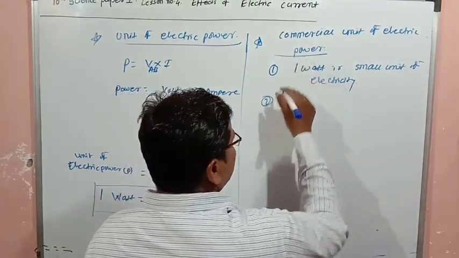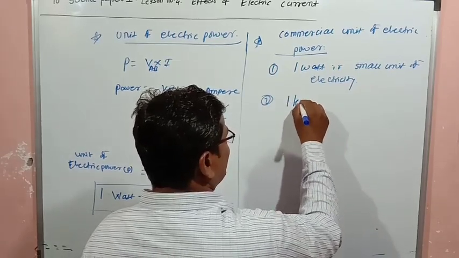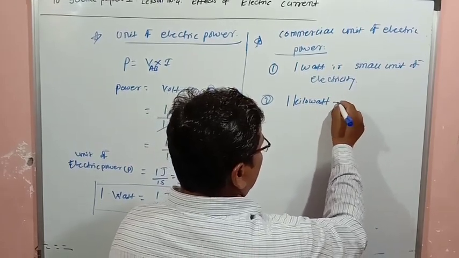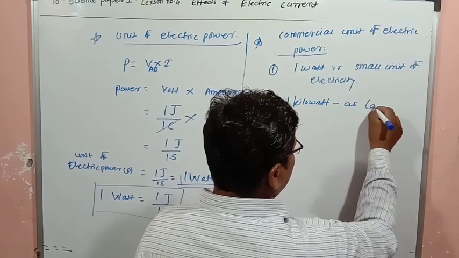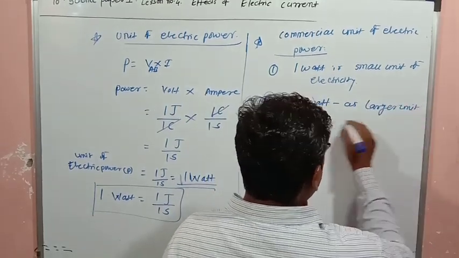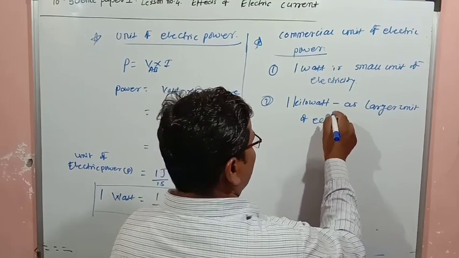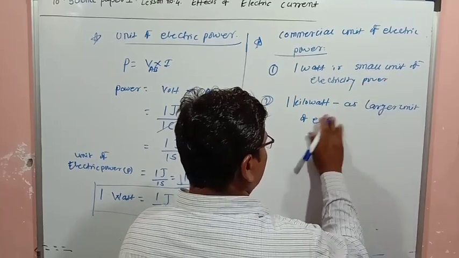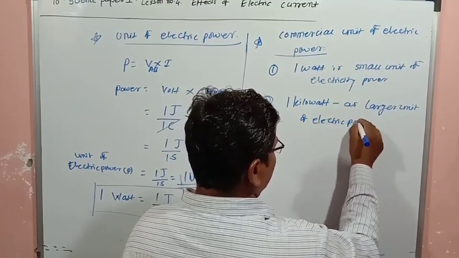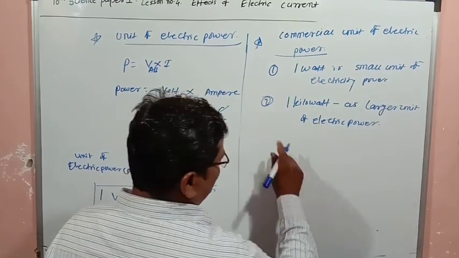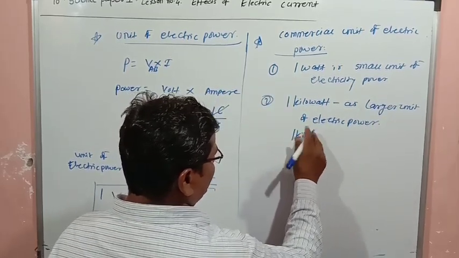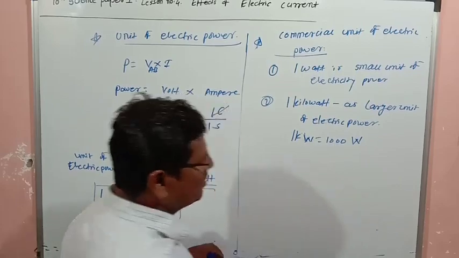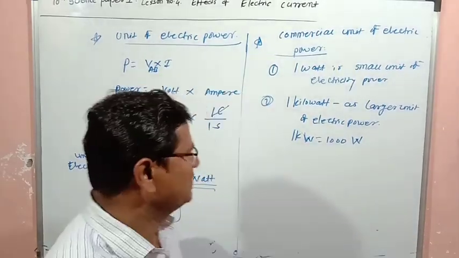So instead of this, we are using 1 kilowatt as a larger unit of electric power. So 1 kilowatt is equal to 1000 watt.